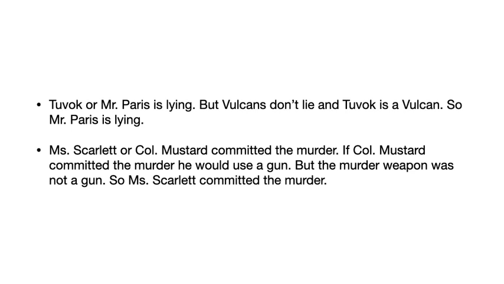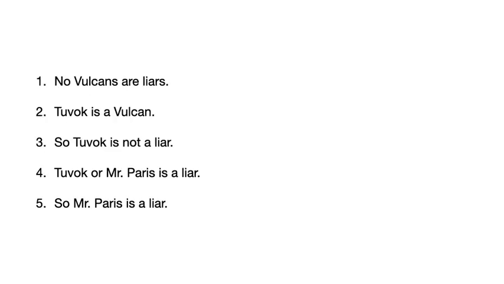Now look, there are some things here that are not stated, but you can draw them out, right? No Vulcans are liars, Tuvok is a Vulcan, so Tuvok is not a liar. We have premises 1, 2, and then the conclusion, 3.